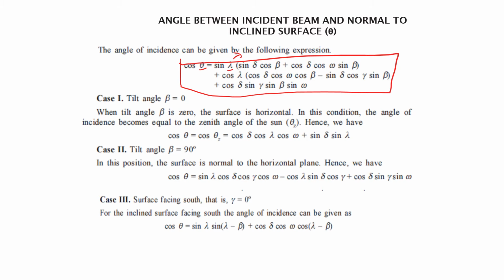There are several cases in which beta is equal to 0, beta is equal to 90 degree, if you have a horizontal surface, a vertical surface, or a surface azimuth angle due south, likewise. Accordingly your equations simplify into a simple form, and according to the data provided to you, you can calculate any angle, right?